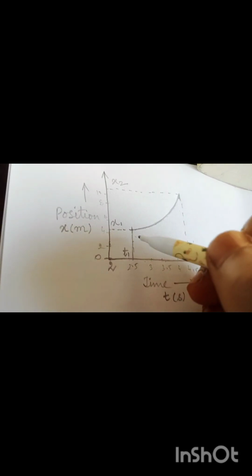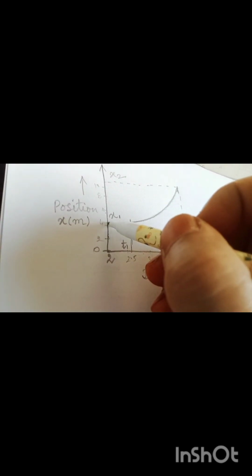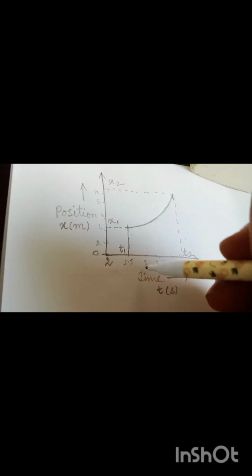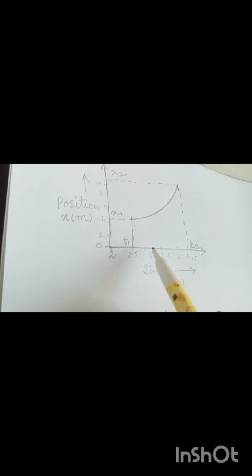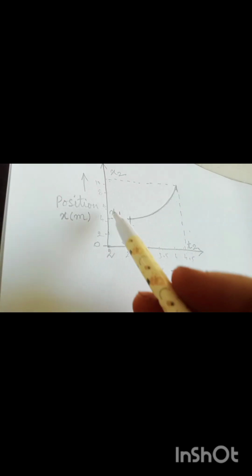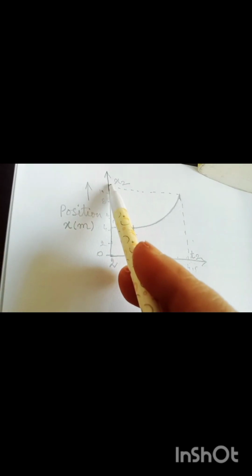At different times, the positions of the object are different. At time t1, the position of the object is x1, and at t2, the position is x2. How much is the object displaced in the time interval delta t? From time t1 to t2, the object is displaced from x1 to x2.